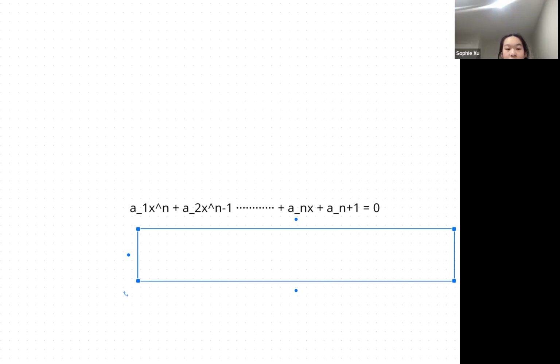So since we know that this is the product of two roots, then we can predict the product of three roots, which we kind of already have in cubics, right?